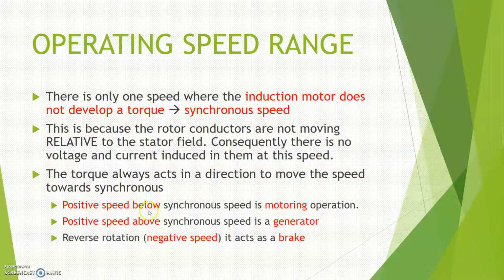A positive speed below the synchronous speed is motoring operation, meaning Nr is positive and less than Ns. If Nr is positive and larger than Ns, it acts in generator operation mode. If Nr is a negative speed, it acts as a brake.